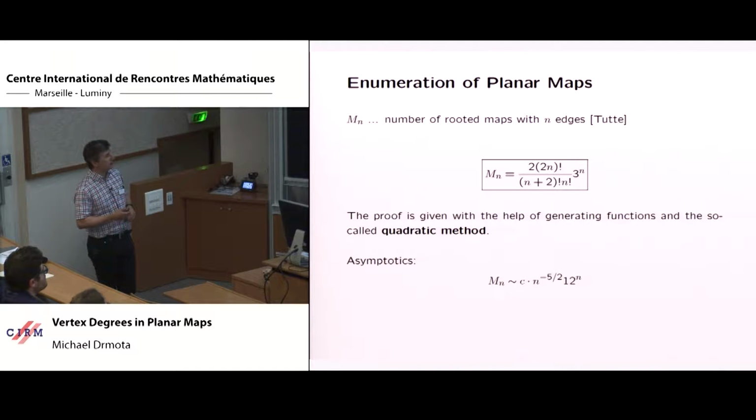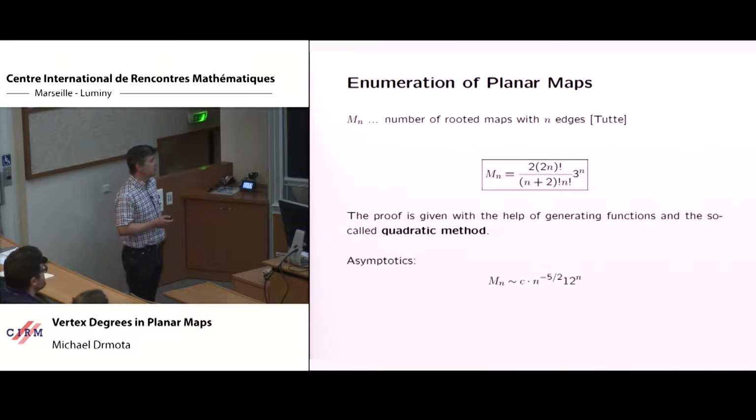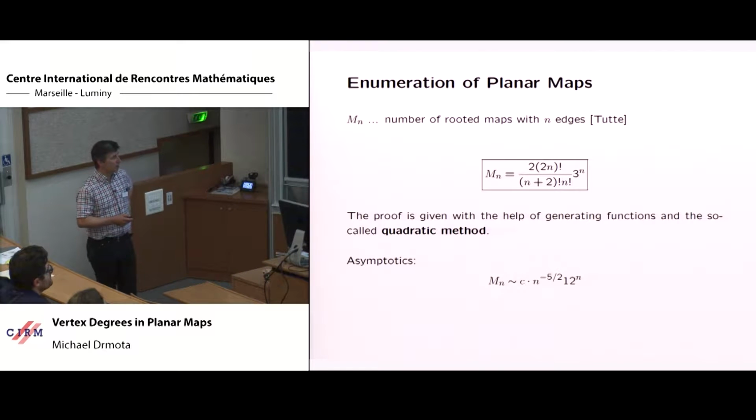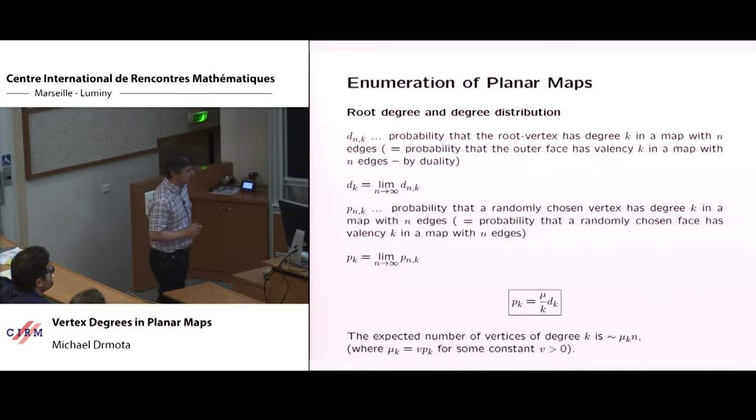It was around the development of the so-called quadratic method. But I want to point out that from this explicit formula you get a very nice asymptotic: 12 to the n is an exponential part, but what's most interesting is the sub-exponential part, which is n to the minus 5/2. That follows directly from this explicit representation.